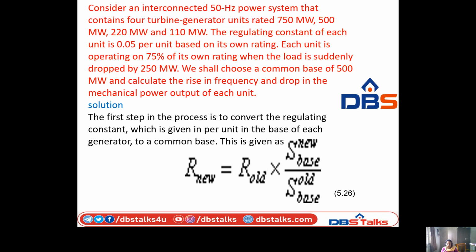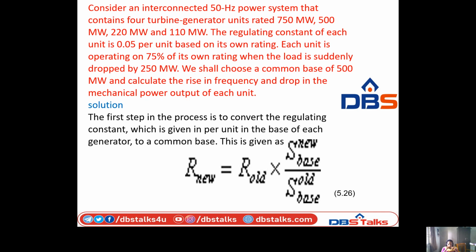So this interconnected 50 Hz power system contains 4 turbine generators with ratings of 750 megawatts, 500 megawatts, 220 megawatts and 110 megawatts. The regulating constant of each unit is 0.05 per unit on its own rating.